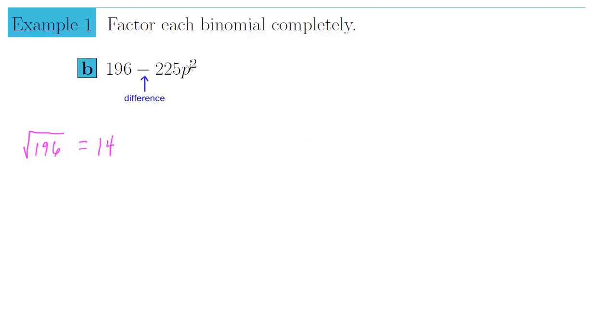Is 225p squared a perfect square? Well, the square root of 225p squared is going to be equal to 15p. So both of these are perfect squares, which means we can rewrite the binomial as 14 squared minus 15p squared. The order here is important.